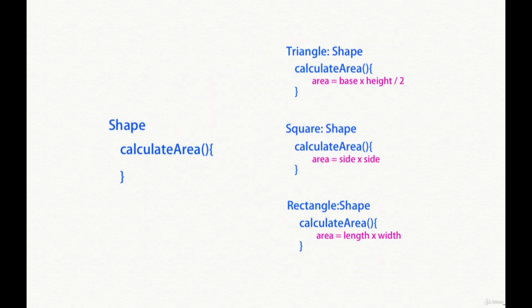So, if we have a base class named shape and it has a function named calculate area, it might have some functionality. But when it comes to triangle, that is the child class, derived class, it has a different formula for calculating area. And so square has, and rectangle as well. They all have different formulas for calculating their area.